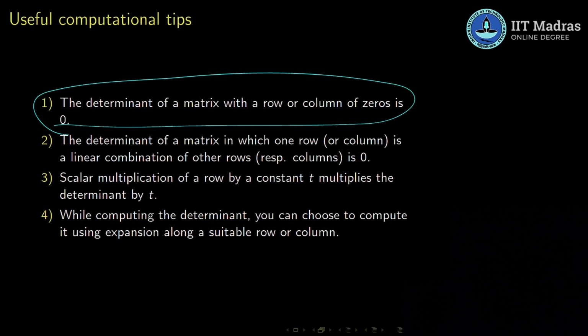And then we also saw how the determinant behaves if you do some particular operations, namely adding a multiple of one row to another, multiplying a particular row by a constant, or swapping rows. So that's it for now. In the next video, we'll see how to use determinants to compute solutions to systems of linear equations.